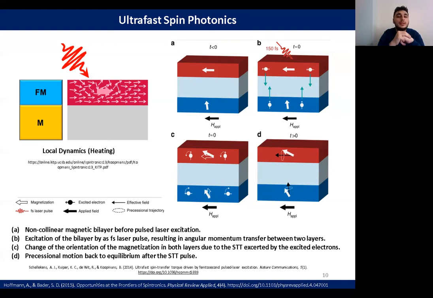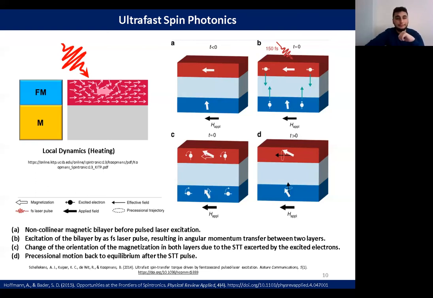And we can say that we can switch the magnetization in a ferromagnetic alloy using a single femtosecond laser pulse. So, as I said before, because this ultrafast laser produces carriers which are mobile, you can induce transport as a spin current.